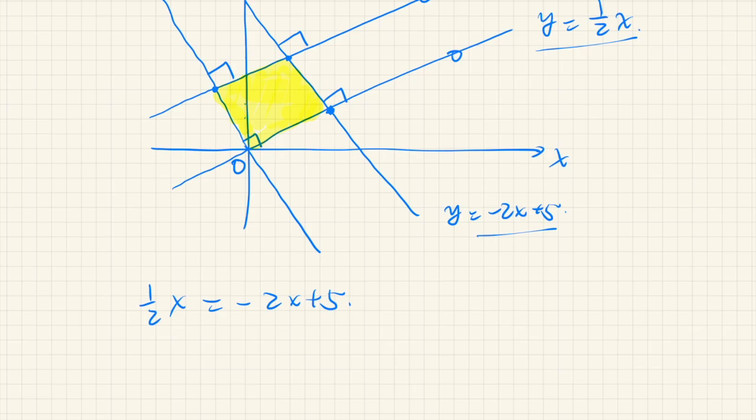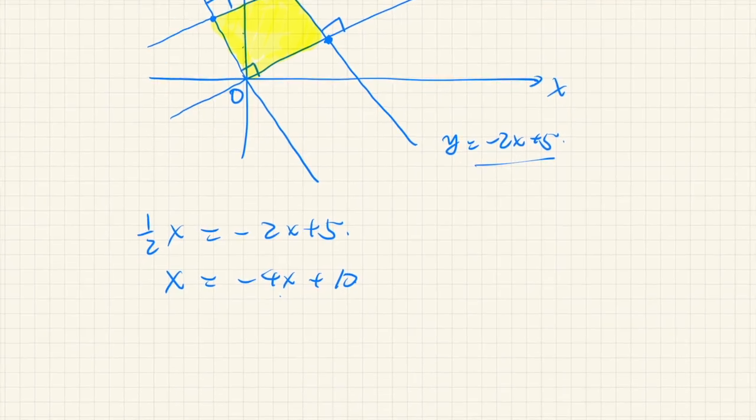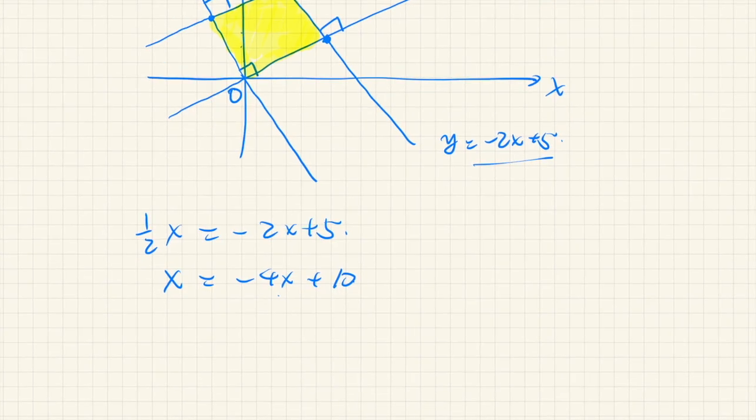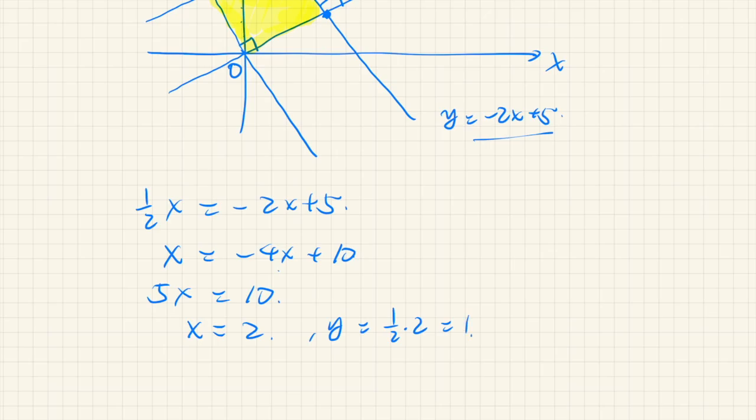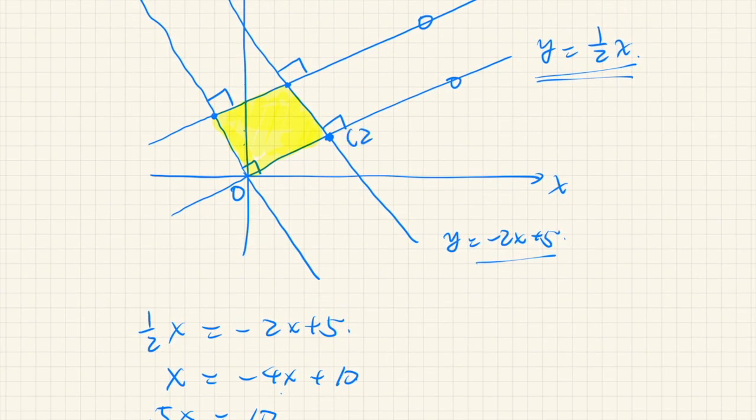Multiply both sides by 2. We have x equals negative 4x plus 10. So adding 4x to both sides, we have 5x equals 10 and x equals 2. So y equals 1/2 times 2, that's 1.